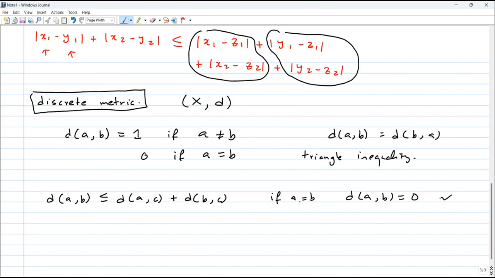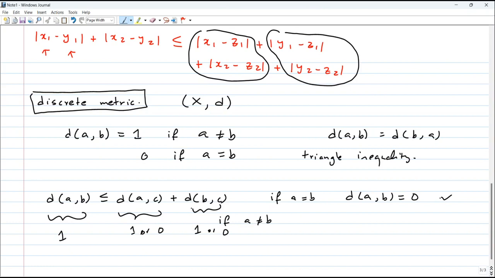So what if A is not equal to B? Then the left-hand side is equal to 1. But then C can either be equal to A, equal to B, or not equal to anything. So this term can be 1 or 0, and this term can be 1 or 0.